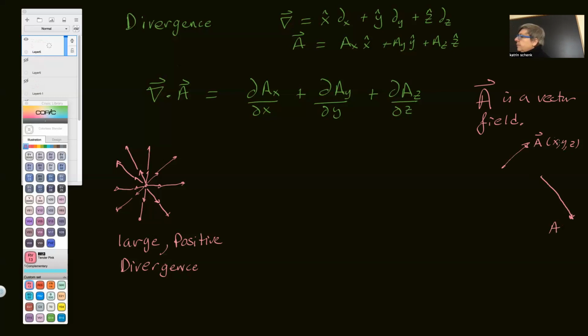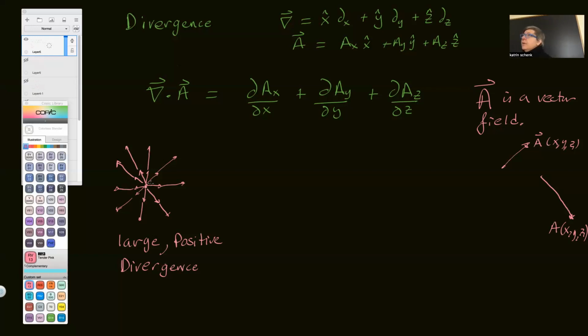This is A of x1, y1, z1, and this is A of x2, y2, z2, whatever it does. This is not the same A I'm drawing here, right? This A from my terrible drawing is a vector field that starts off near the center of this thing, and it gets bigger as you move out.